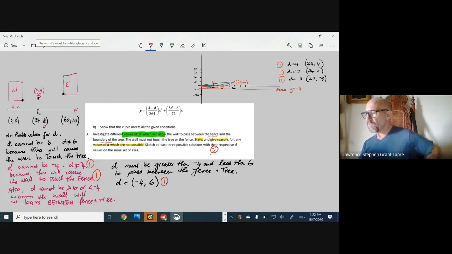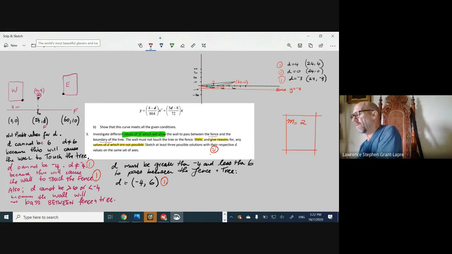However, I just want to make one, if you're looking at this, just a side question while I've got your attention. Tell me, if the gradient of a curve happens to be 2, what is the angle that it is?